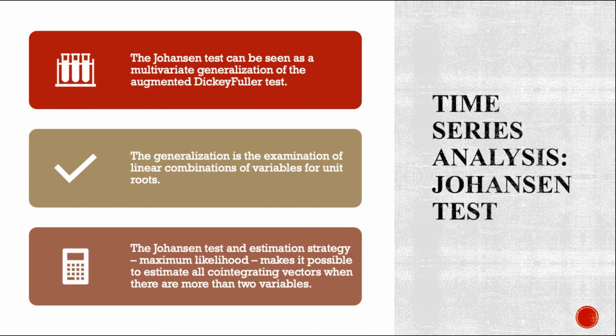A Johansen test can be seen as a multivariate generalization of the augmented Dickey-Fuller test. It examines a linear combination of variables for a unit root, and the Johansen test and estimation strategy, maximum likelihood, makes it possible to estimate all co-integrating vectors when there are more than two variables.